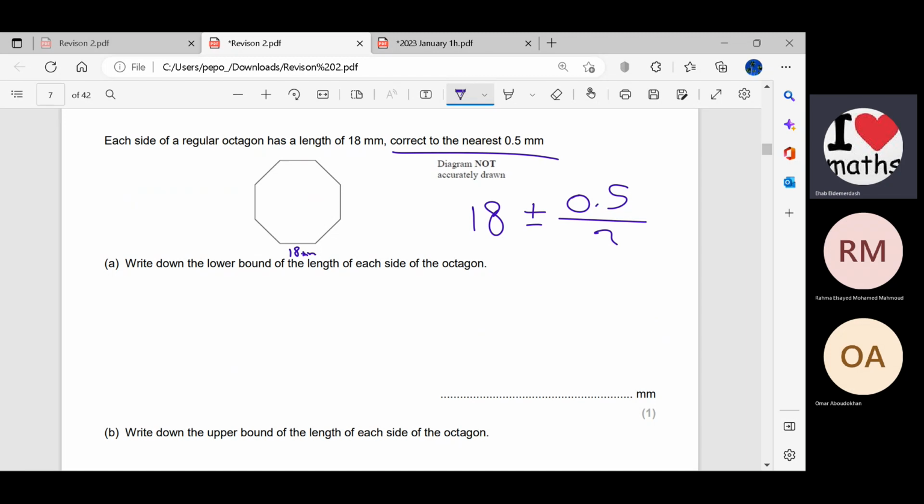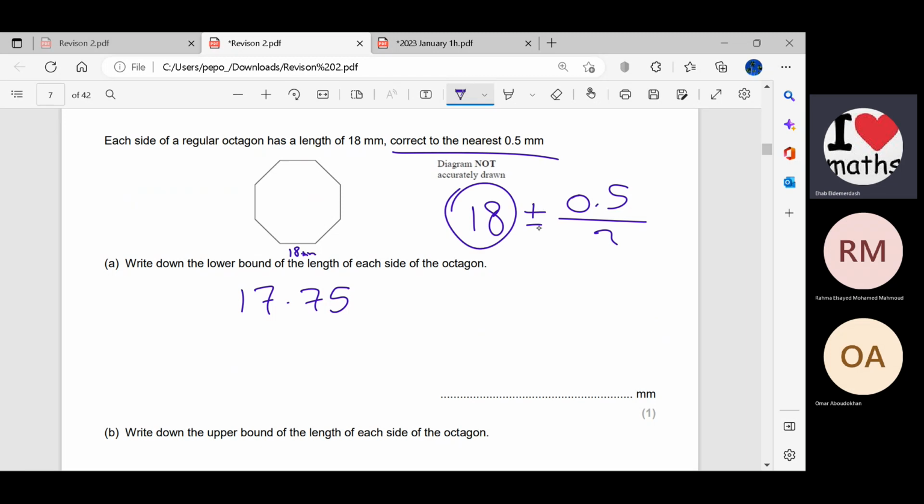I'm working on 18 plus or minus 0.5 over 2. 0.5 over 2 is 0.25 on the calculator. So the answer is 17.75, which is the lower bound, and the upper bound is 18.25. So we wrote already the lower bound and upper bound. How did we do it again?